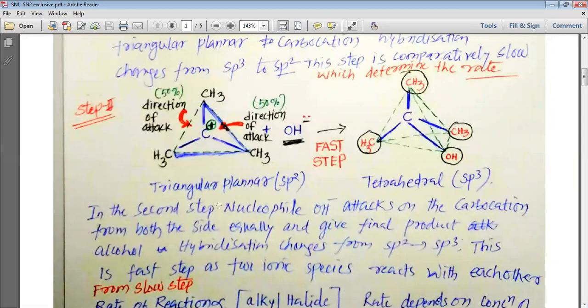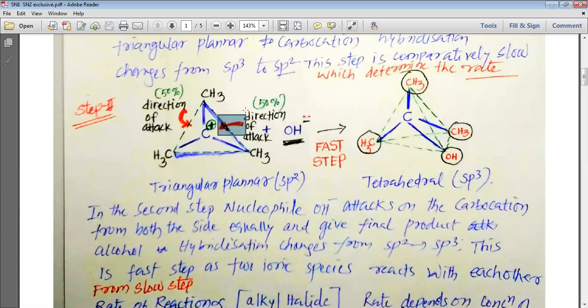In the second step, you can see here this OH minus, which is the nucleophile. This nucleophile attacks on the triangular planar sp2 hybridized carbocation. This OH minus can attack from this direction. So this is the direction of the attack of the OH minus.